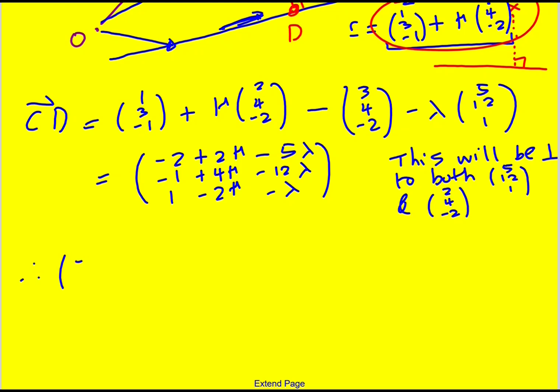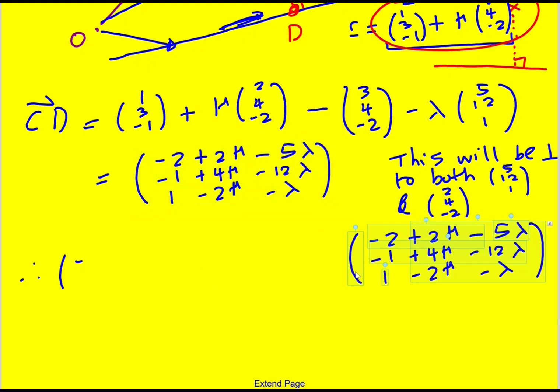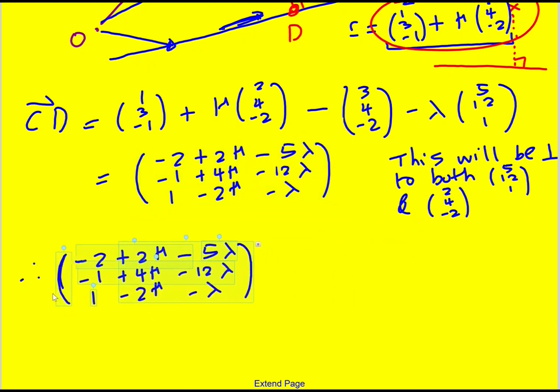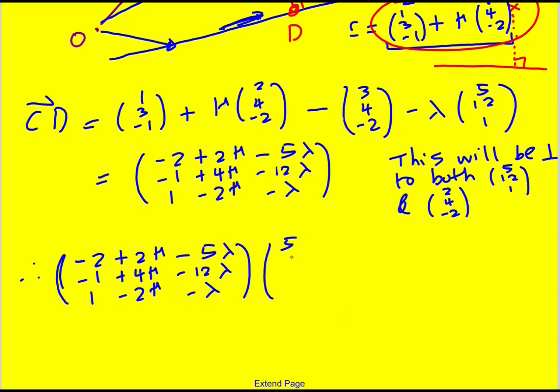Therefore, I'm just going to copy it. This dotted with (5, 12, 1) is equal to 0. Okay, it's a bit of a calculation to do here. You have to work really hard for these 5 marks just in terms of how much time it's going to take.